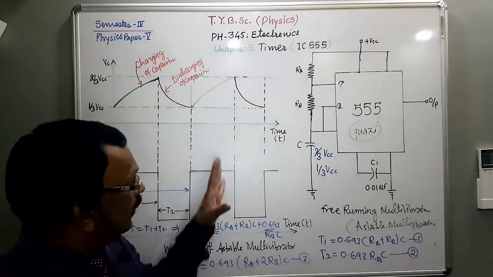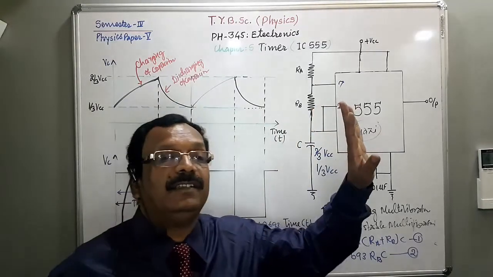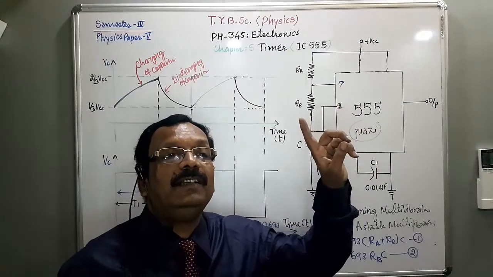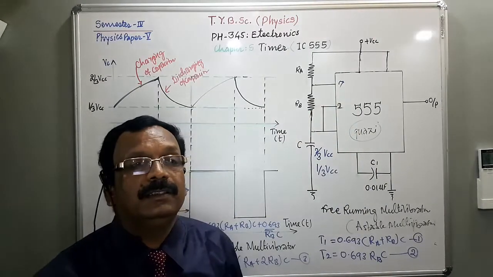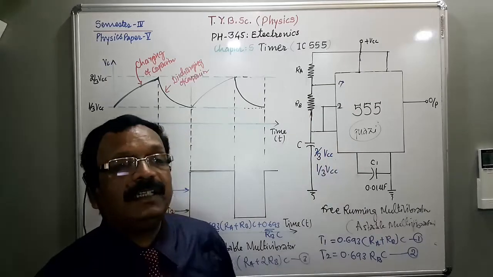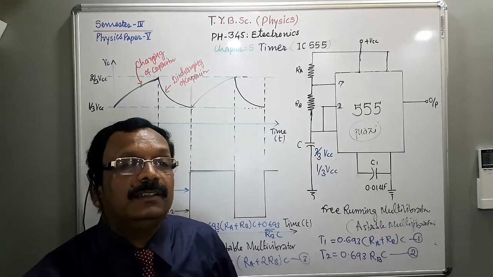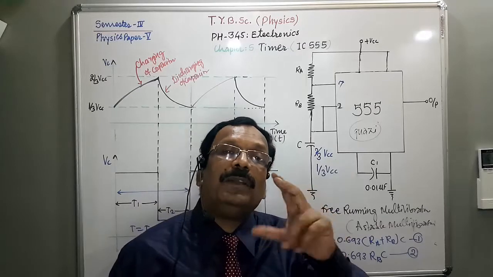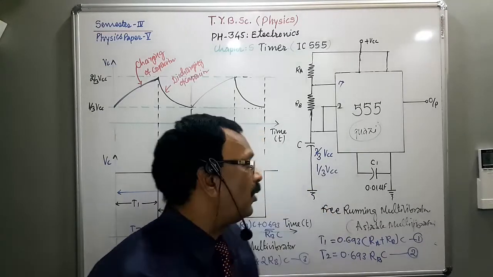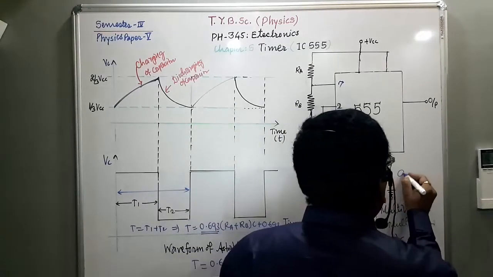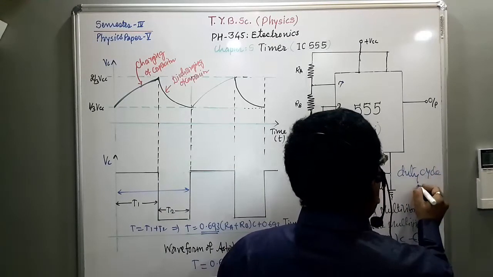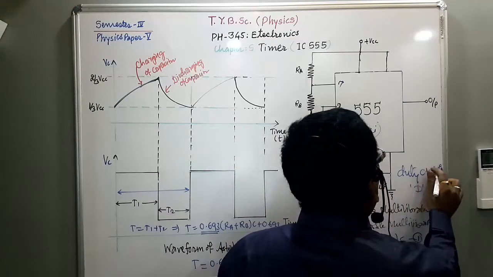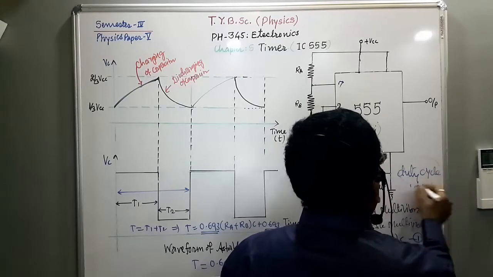Now we are going to see how this circuit is designed: design of an astable multivibrator using IC 555. There is one more important term that arises, known as duty cycle, denoted by D. What is duty cycle?